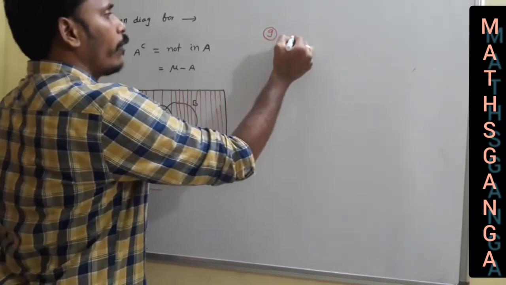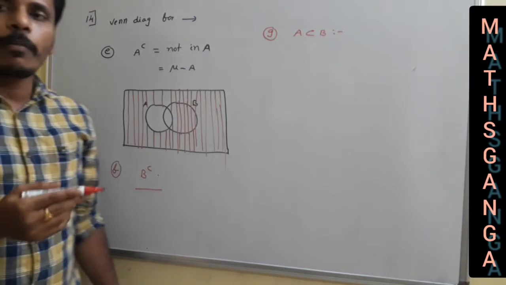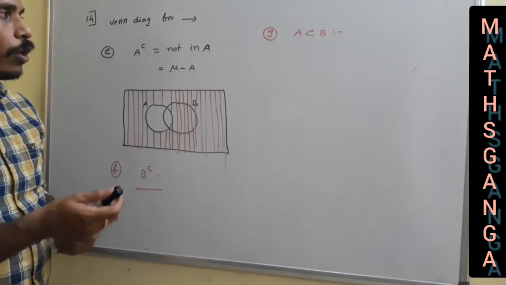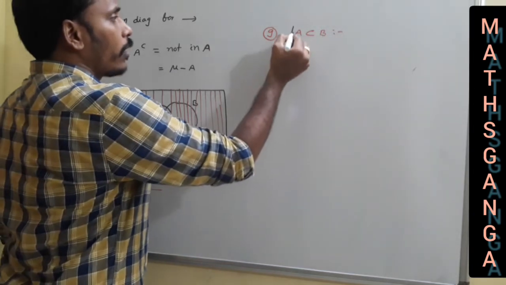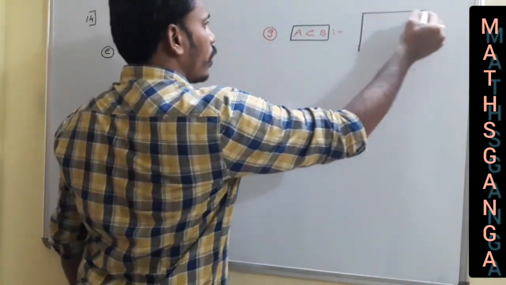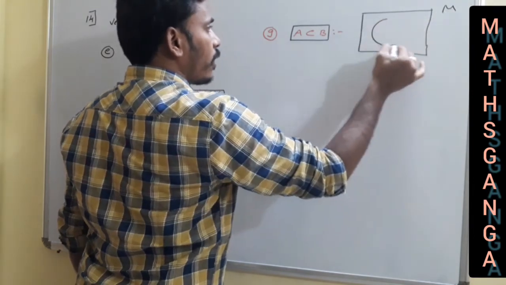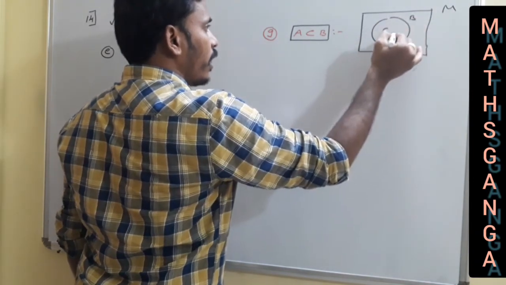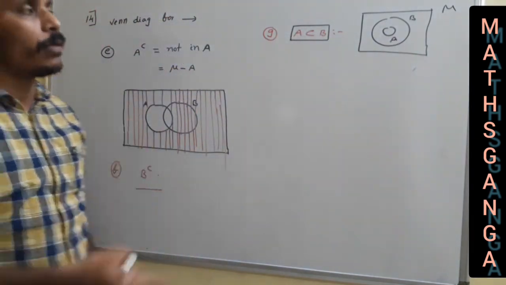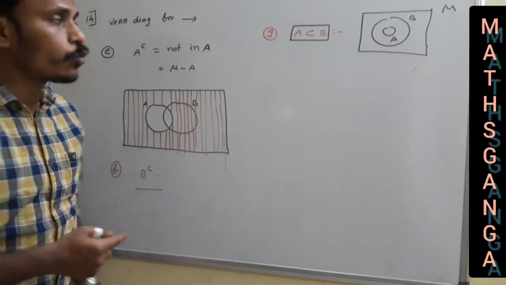And suppose I have A is a subset of B. We know that A, B both are subsets of the universal set, but in particular if A is a subset of B, that means every element of A is in B, then in such a case we draw the diagram like this. First the universal set mu, and next a set B, and next a set A in B, because A is a subset of B, that means A is in B, and we know that B is in the universal set. So A, B and the universal set we usually represent like that.